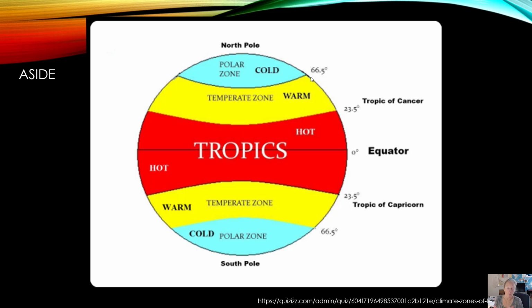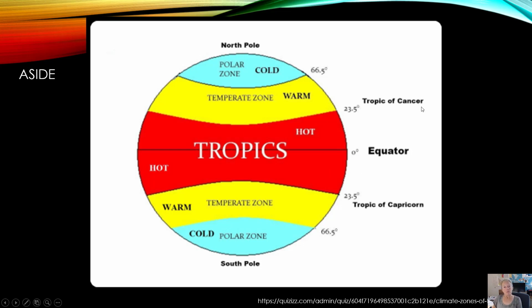So that's why they're important. The Tropic of Cancer and the Tropic of Capricorn at 23.5 degrees above and below the equator. Those are significant in that they are the two places in the world where the sun can go directly overhead. They can anywhere actually between these two. So that's what their significance is.